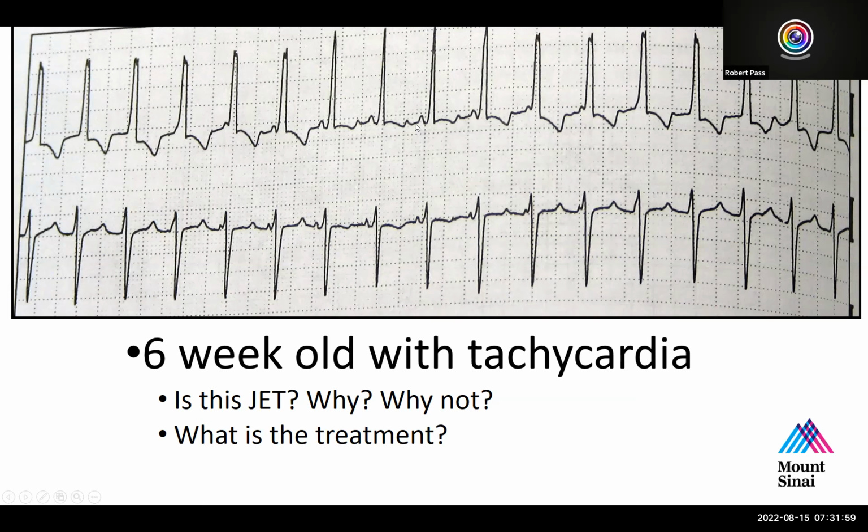Just like David told us earlier, when a patient has JET, the QRS morphology should be the same as the sinus morphology, whereas in VT it is different. So this is an example of a VT, or an accelerated ventricular rhythm, as opposed to JET.